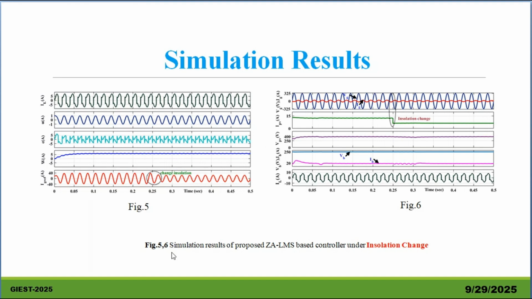Simulation result in figures 5 and 6, under change in insolation. The insolation change takes place at 0.25 second from 1000 watt to 500 watt.